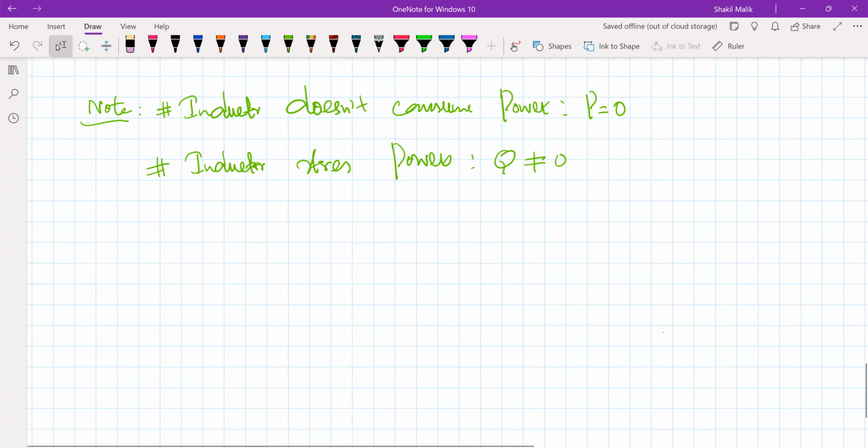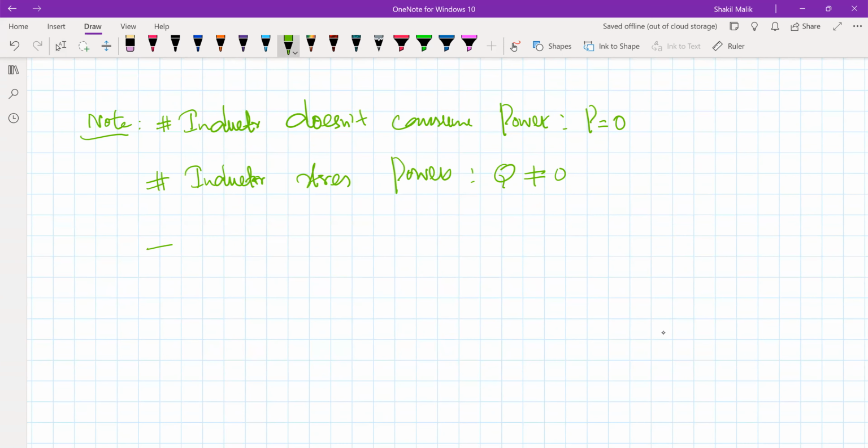Now one more very important statement about this. We say that in an inductor, the current phasor lags the voltage phasor by 90 degrees.